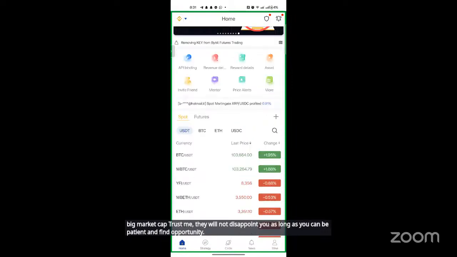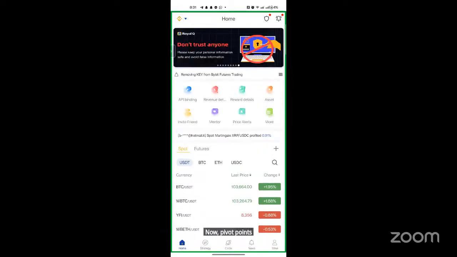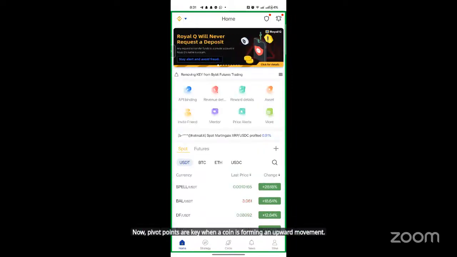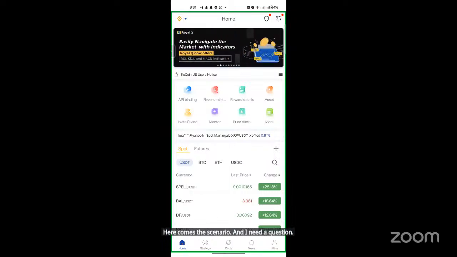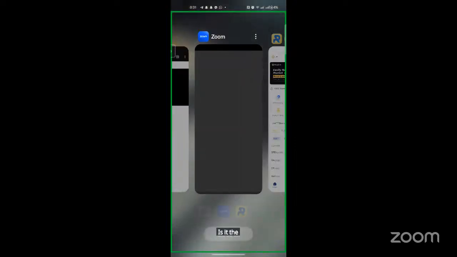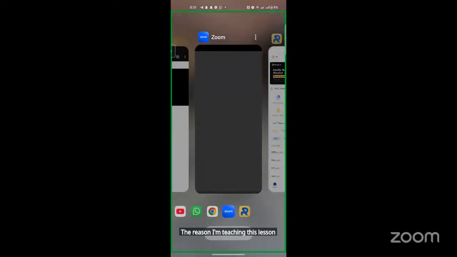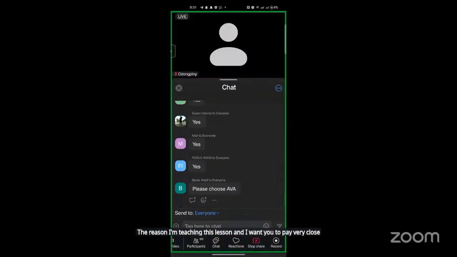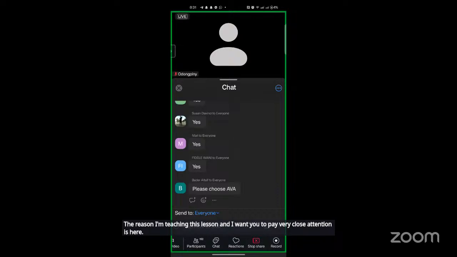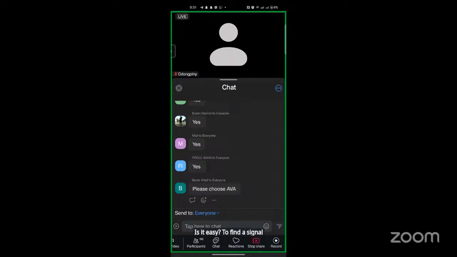Now, pivot points are key when a coin is forming an upward movement. Here comes the scenario, and I have a question. It is the reason I'm teaching this lesson, so pay very close attention. Is it easy to find a signal when markets are pumping?